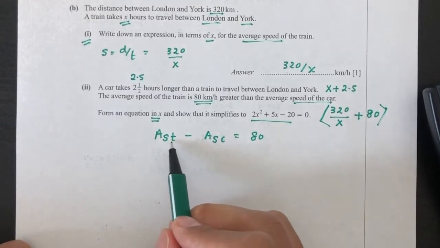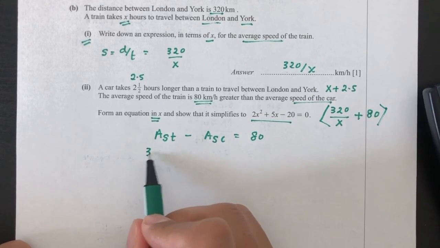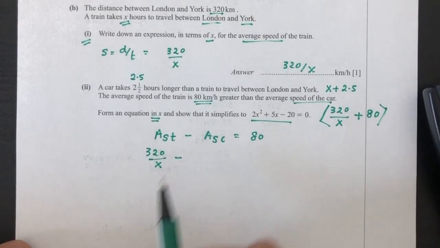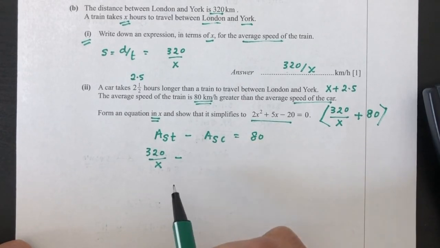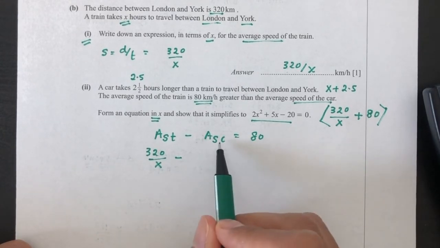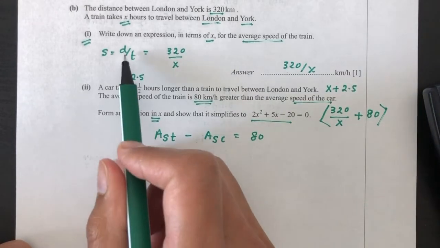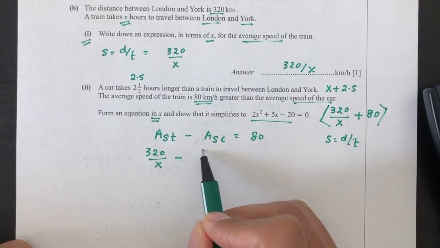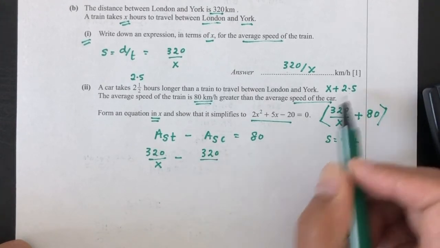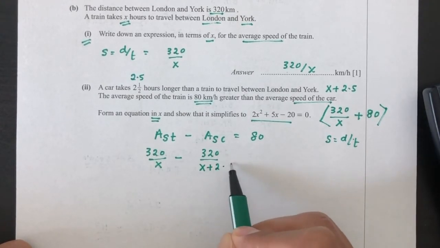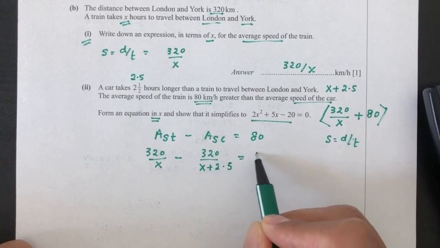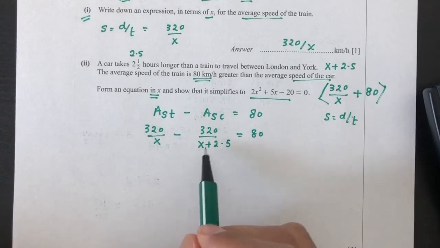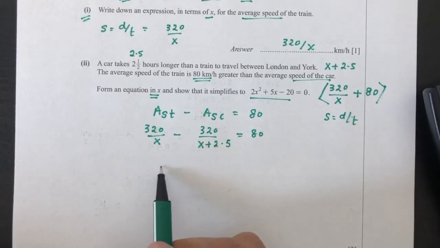So the average speed of the train is given by 320 over x minus the average speed of the car. As you know, the formula is speed is equal to distance by time. Distance is the same, 320. Time will be x plus 2.5 equal to 80. Now we have to simplify. So first step, we have to make this become the same base.